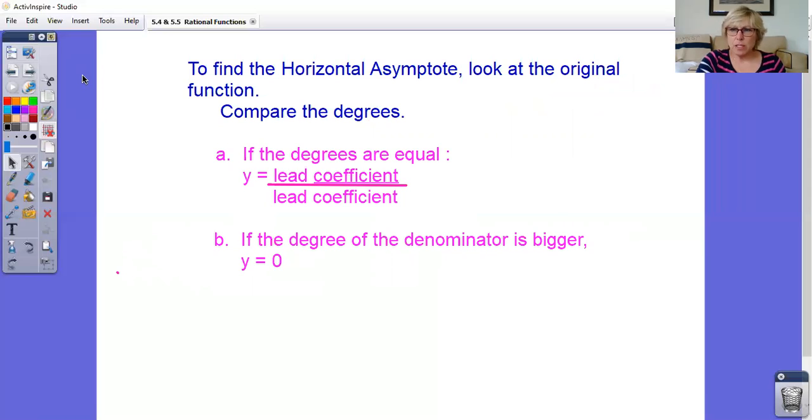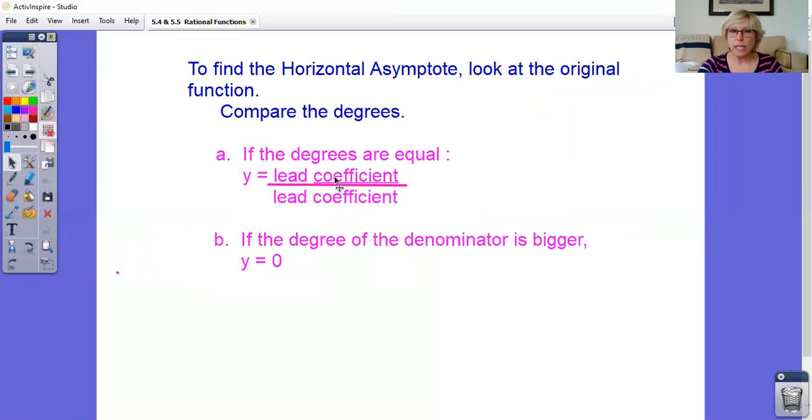And now let's move on to something new. To find the horizontal asymptote, you're going to look at the original function, and we're going to compare the degrees. And we've got two situations to deal with. If the degrees are equal, I'm going to have a horizontal asymptote, chopping the y-axis at some number.